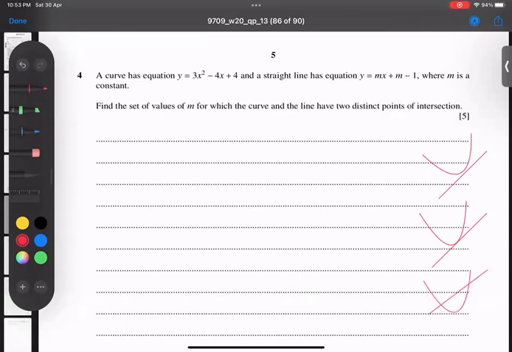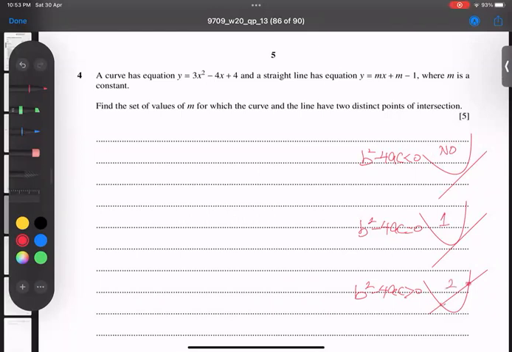In this situation, b^2 - 4ac is less than 0. Here b^2 - 4ac equals 0. Here b^2 - 4ac is bigger than 0. And now he said here two distinct points. Read the statement: the curve and line have two distinct points. So this is no point at all, 1 point, and here 2 points.